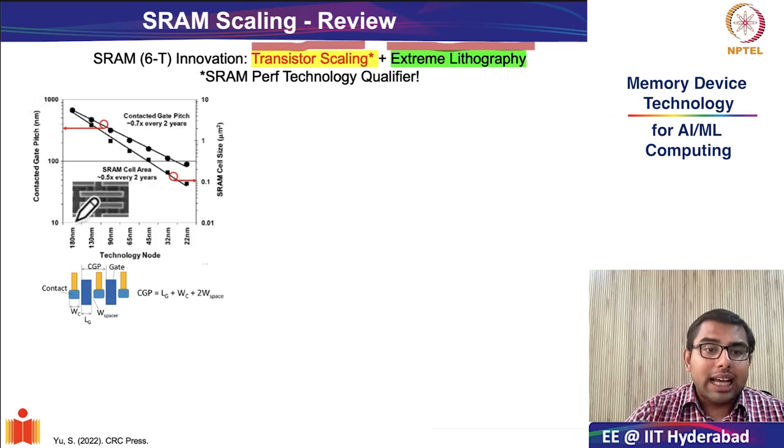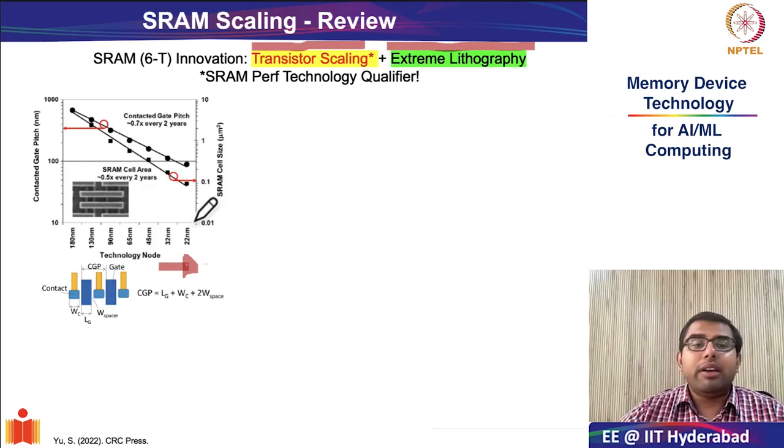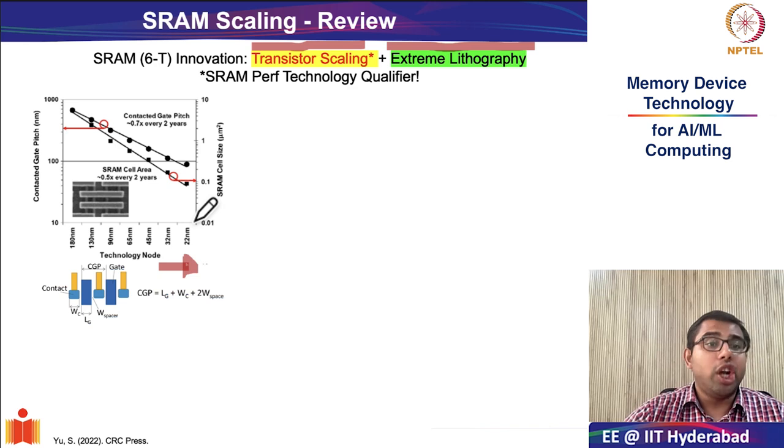As you know, as you increase the technology nodes, the individual transistor length or the channel length starts shrinking from 180 nanometers to 90 and so on and so forth, and currently we are even in the era of sub 10 nanometer technology node.